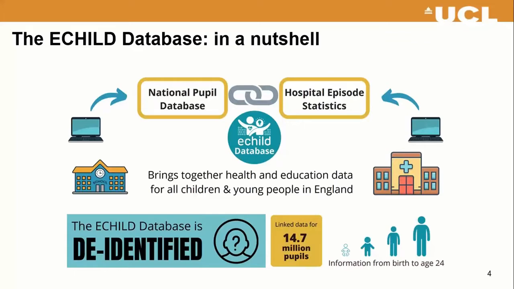To create this new ECHILD database, we linked information from NPD and HES for all children in England who were born on or after the 1st of September 1995. One of the key strengths of this project is that we created a de-identified, large, longitudinal dataset covering around 14.7 million students in England.